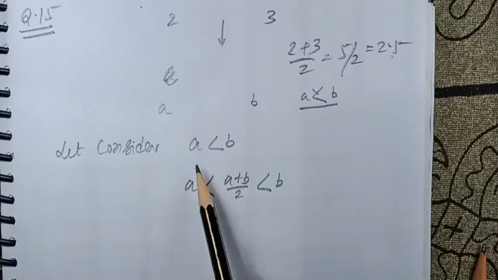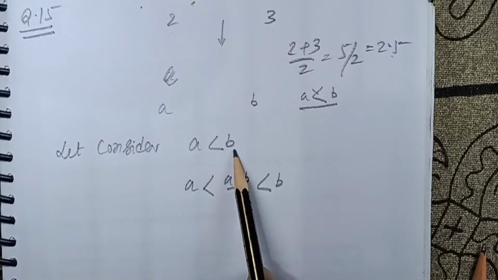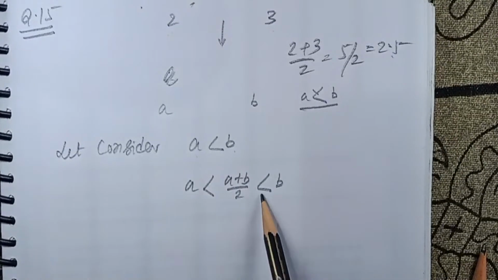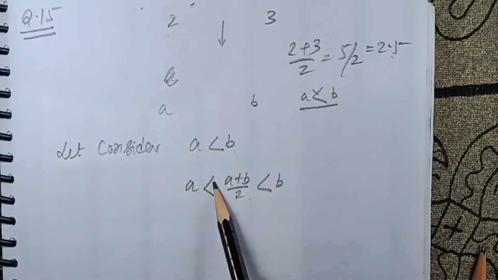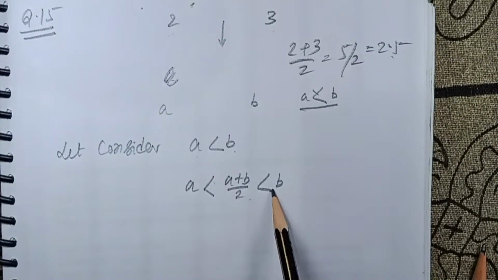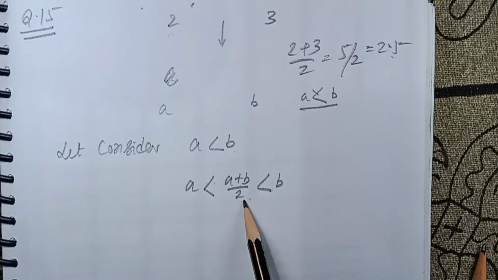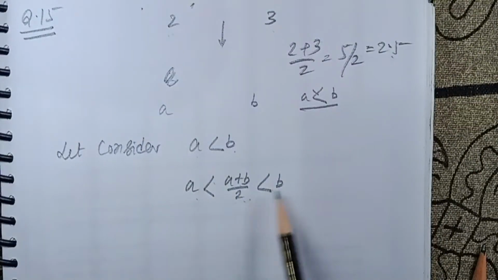So if A is less than B, then (A plus B) by 2 is greater than A and lesser than B.